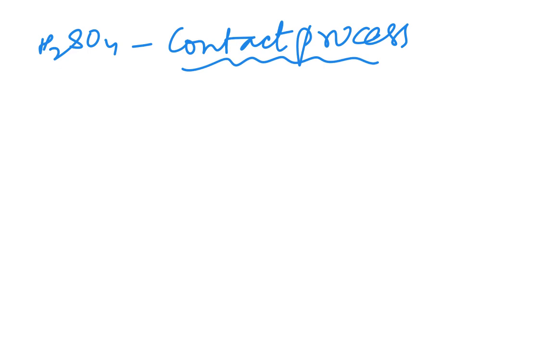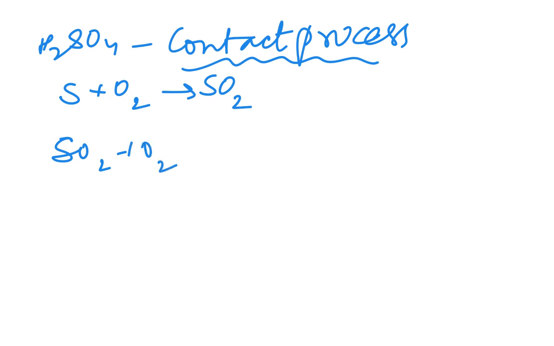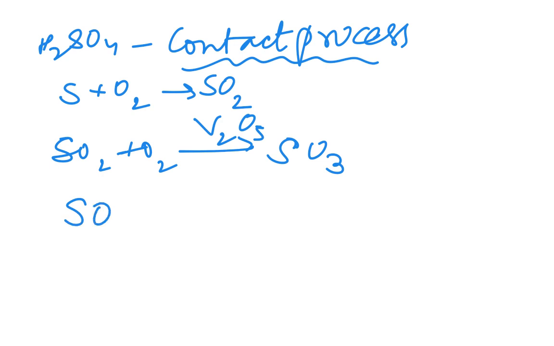There are 3 steps here. S plus O2 gives SO2. This is the first step. Then SO2 reacts with oxygen in the presence of vanadium pentoxide and forms sulfur trioxide. Then third is absorption of this SO3 in H2SO4.